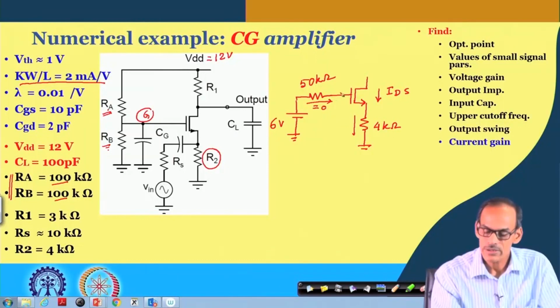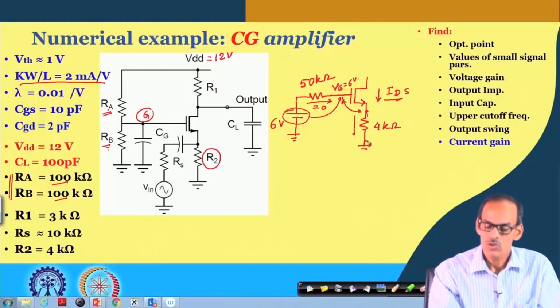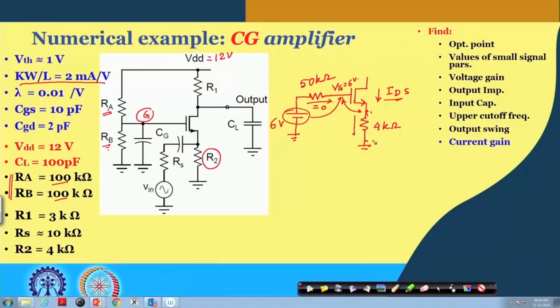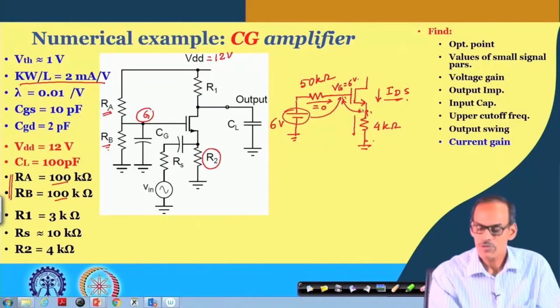So, we can say that the 6 volt is directly coming here. So, VG is 6 volt, and the source voltage is such that VGS is supporting the required current here, which is exactly producing this IR drop. So, we can say that the 6 volt minus this 4 K into IDS produces the VGS.